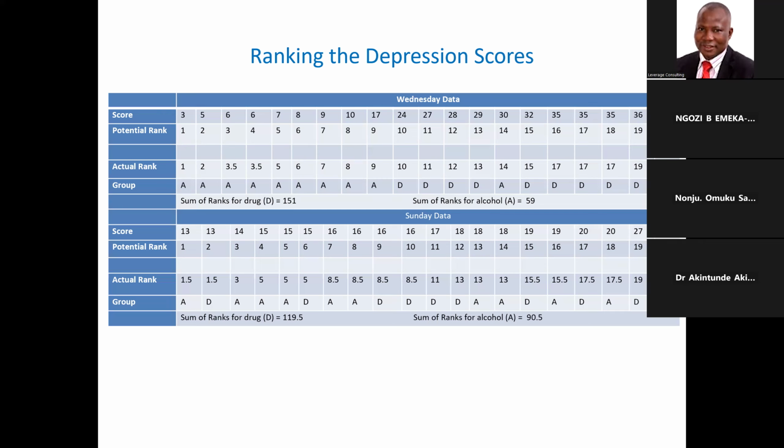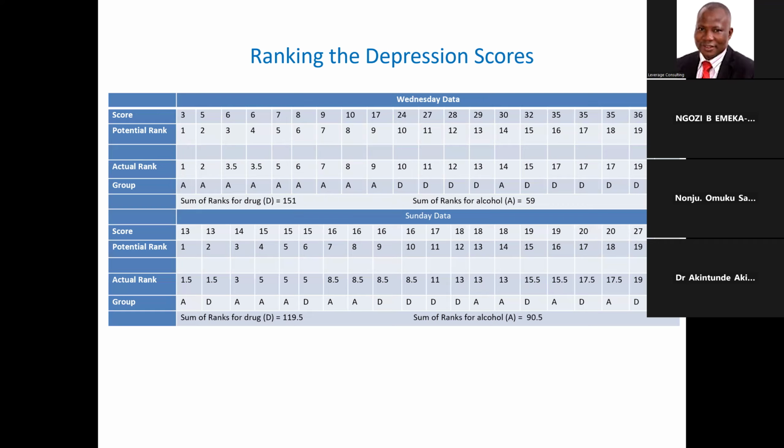Look at the actual rank under the Wednesday. Instead of putting 1, 2, because 2 has 6, 3 and 4, you add 3 to 4, the rank of 3 and 4, and divide by 2, gives you 3.5. So each of them will be 3.5, 3.5. Then there won't be rank 4.